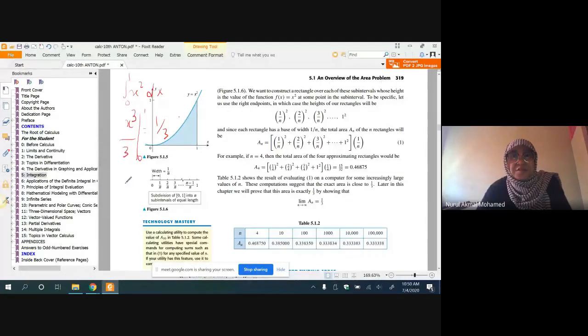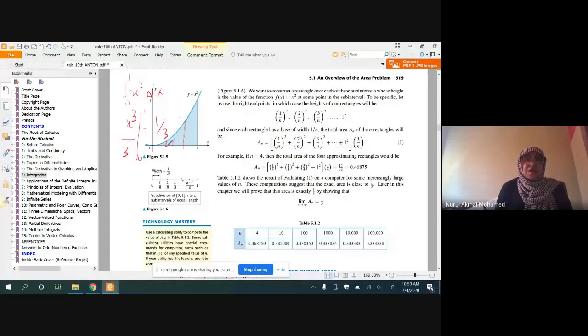In approximating, let's divide the area under the curve into 4 sub-intervals. From 0 up to 1, we have 4 sub-intervals.